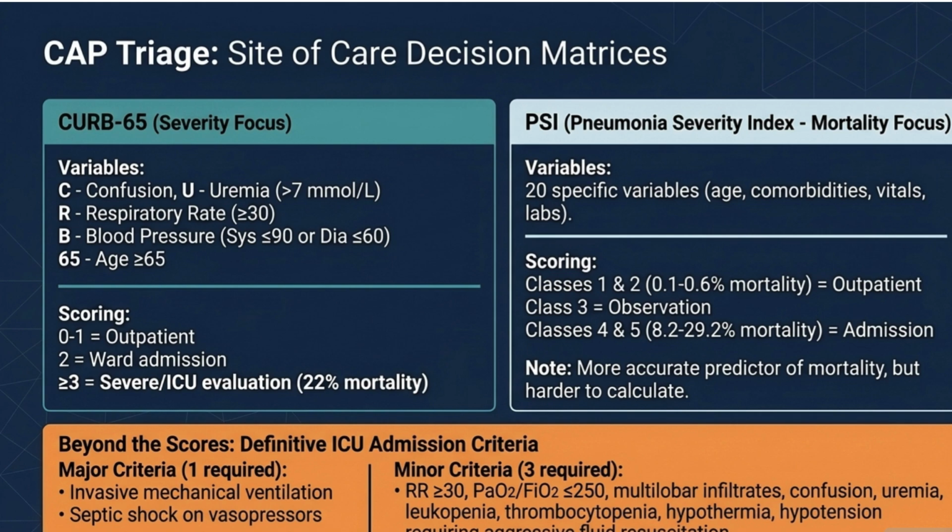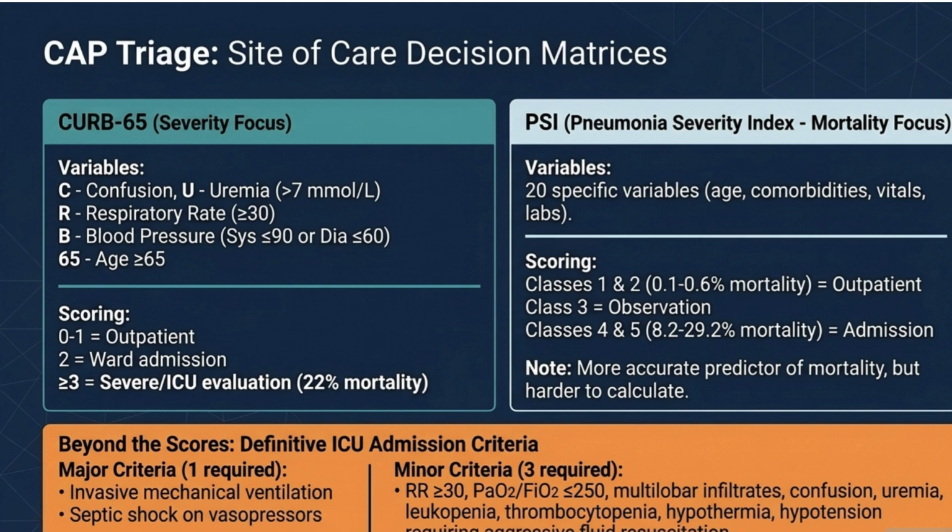The variables are C, confusion; U, uremia; R, respiratory rate; B, blood pressure with systolic less than 90 or diastolic less than 60; and 65, age greater than 65.